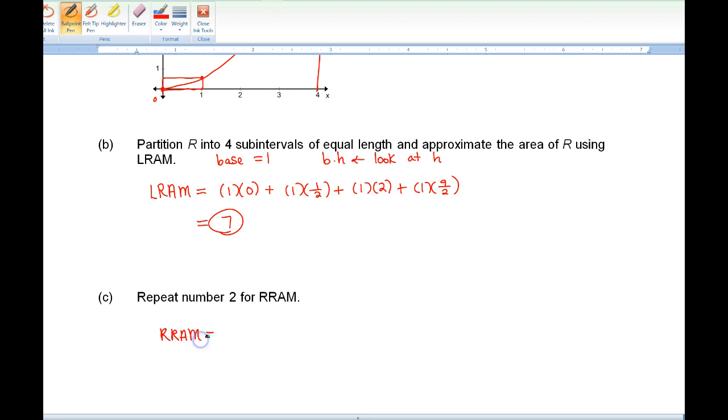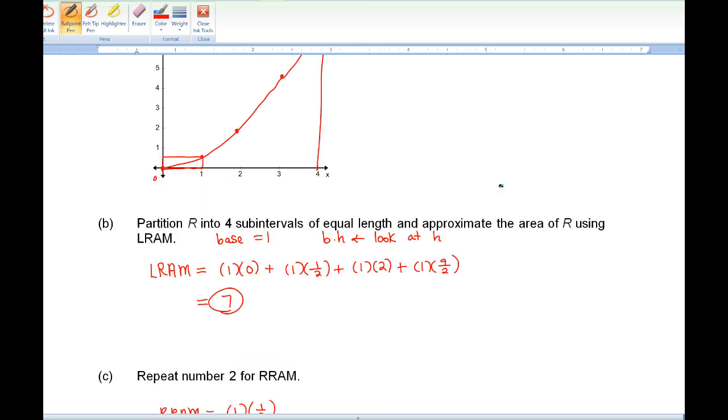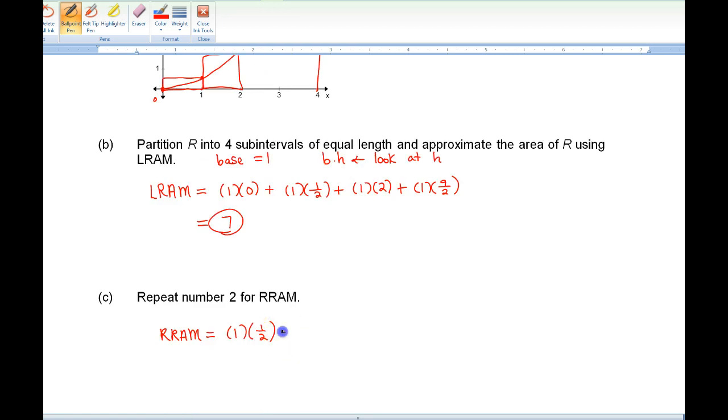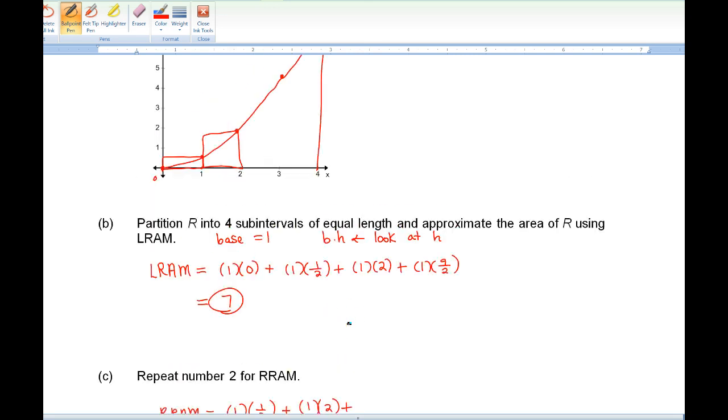So RRAM is going to be 1 times 1/2. Basically, it's going to look like this one above, except it's going to have one more at the end. So again, if we go from 1 to 2, 2's the right hand. So it's going to be 1, and then plug in 2, and we get 2. Next one goes from 2 to 3.